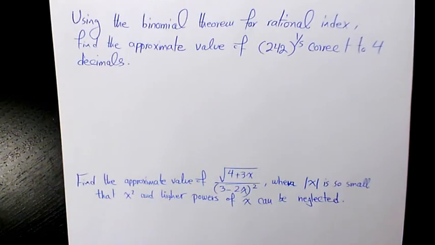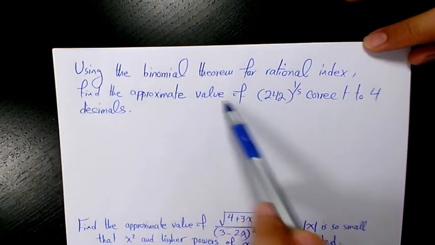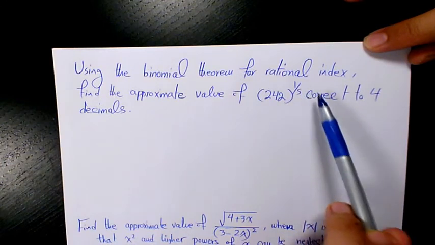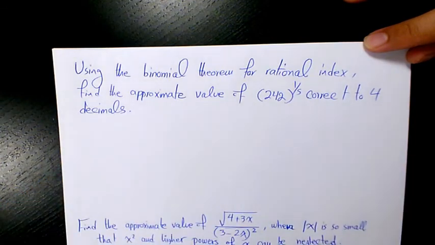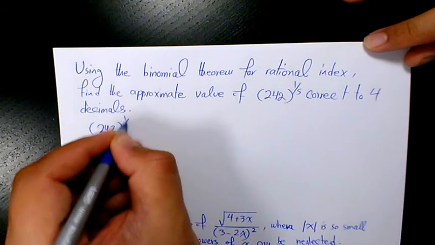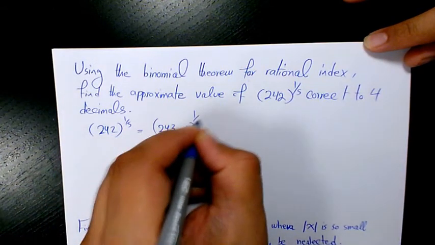Next example, using the binomial theorem for rational index, find the approximate value of 242 to the power of 1 over 5, correct to 4 decimals. So 242 is 1 less than 243, and you know 243 is 3 to the power of 5. So 242 to the power of 1 over 5 equals (243 minus 1) to the power of 1 over 5.